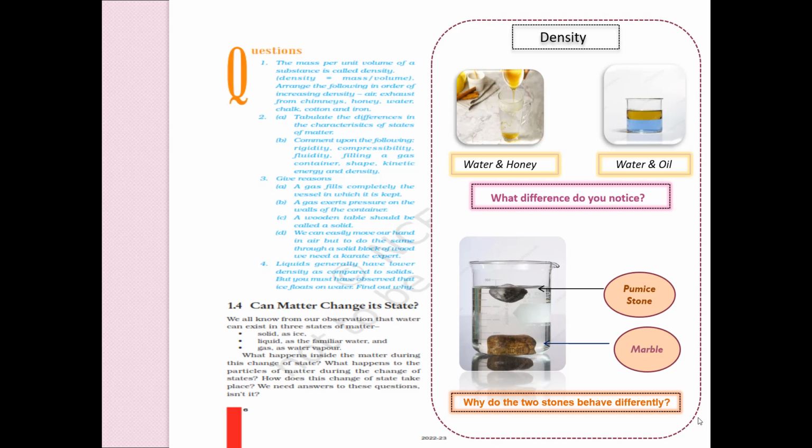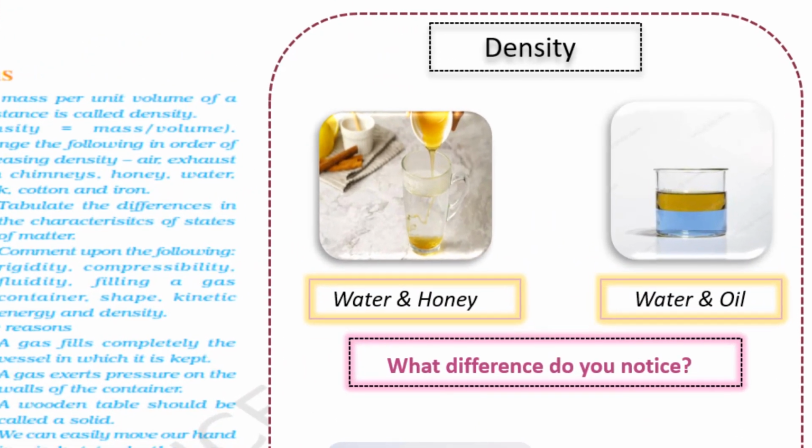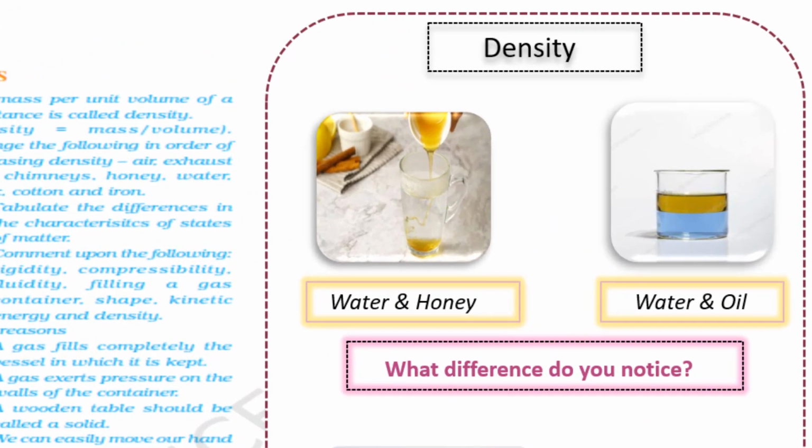All of you must have at some point of time added water and honey and also water and oil. What's common between these two pictures on the left and right? Yes, you are correct. It's water. Water, as you know, is a universal solvent. So most of the things dissolve in it. When you dissolve a few spoonfuls of honey with water, you will find it settling down immediately after it comes in contact with water.